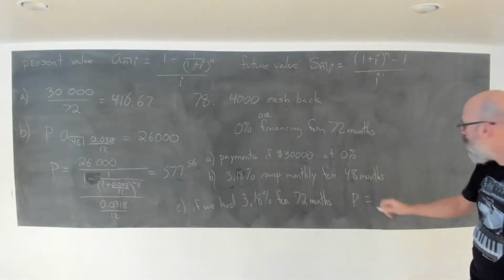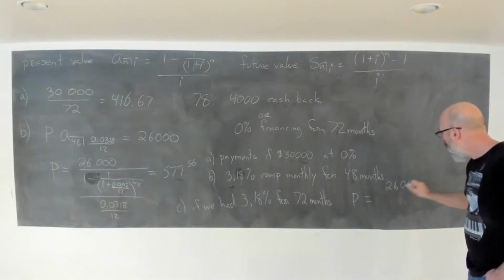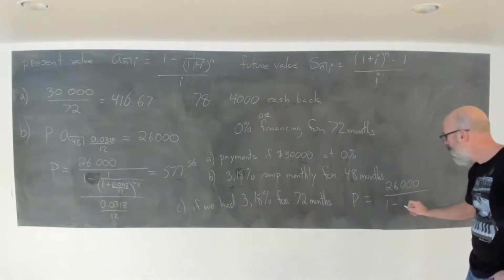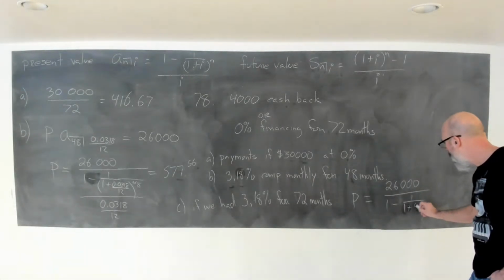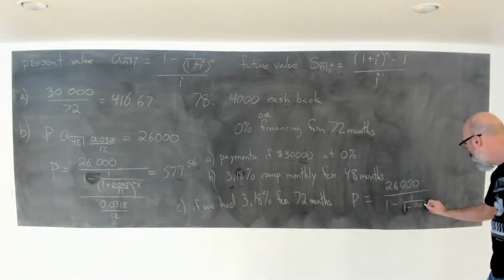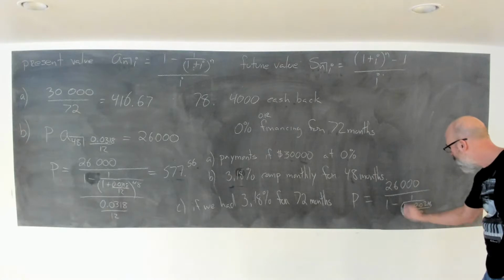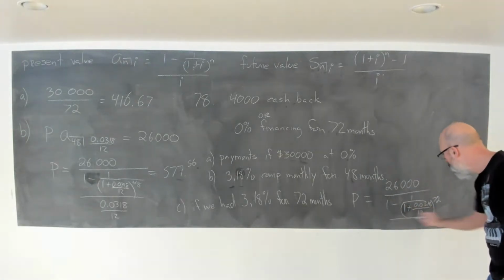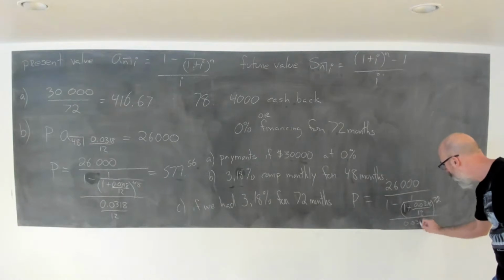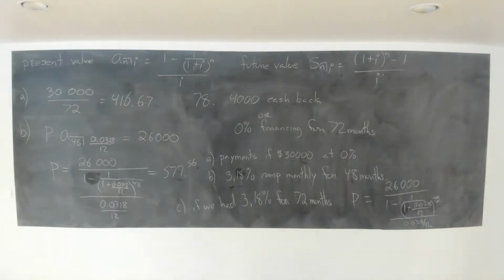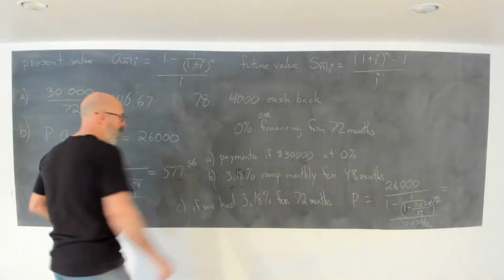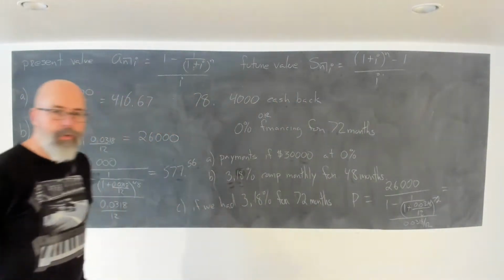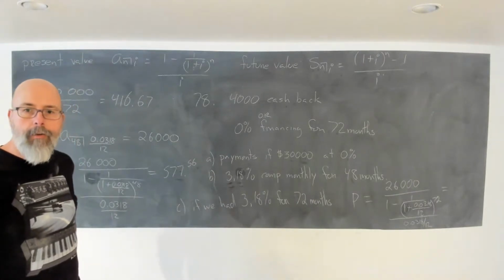In this case, the payments would have been, if we calculated for 72 instead, supposing we could find that loan for 72 months instead.